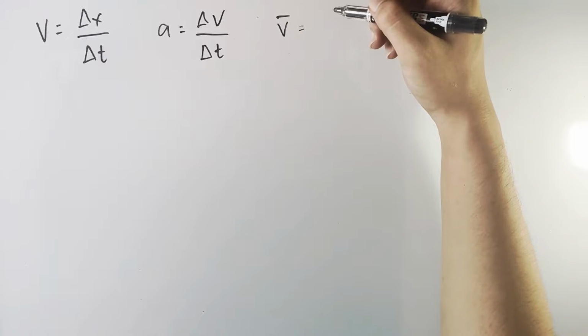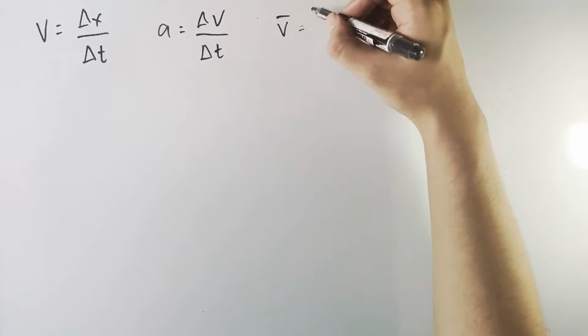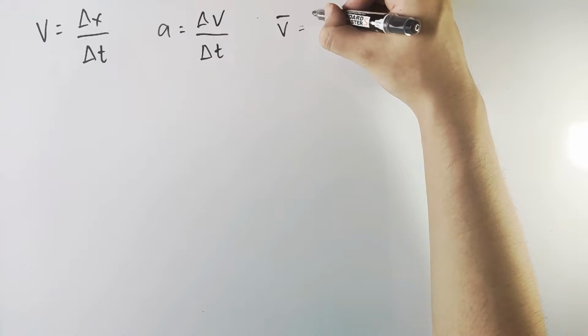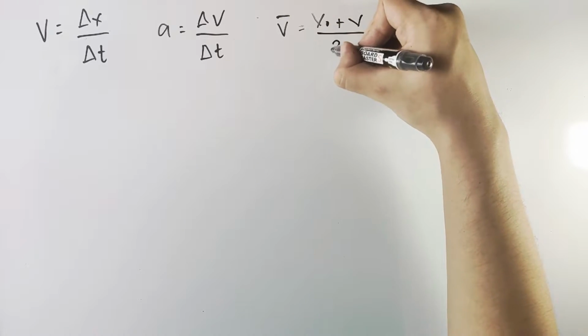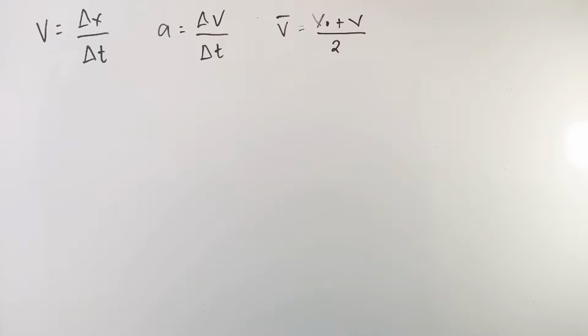And of course, since this is average, you're just going to divide it by 2. Okay, so let's say you have this plus this divided by 2. So these are the three what I call the definitions of speed, acceleration, and average velocity.